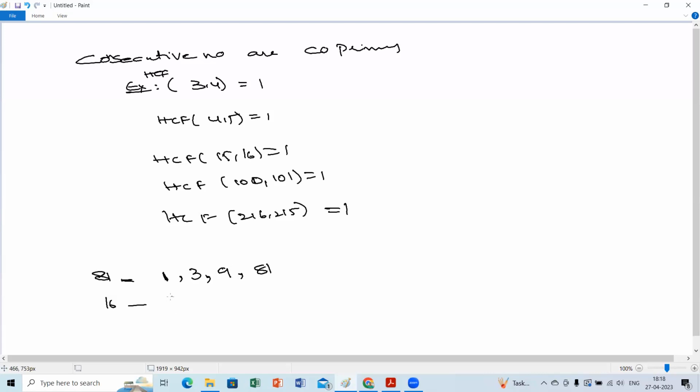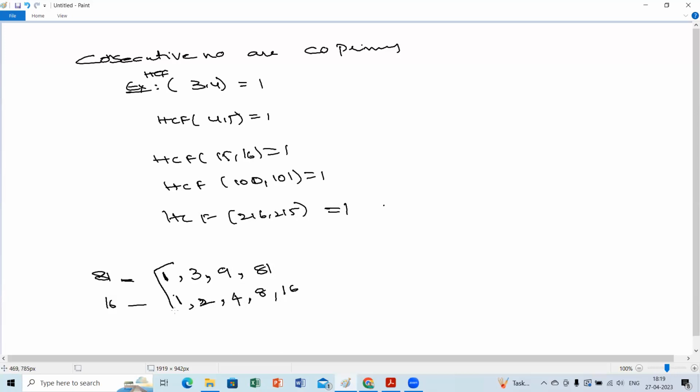What are the factors of 16? Sorry, children. Advika, what are the factors of 16? 1, 2, 4, 8, 16.